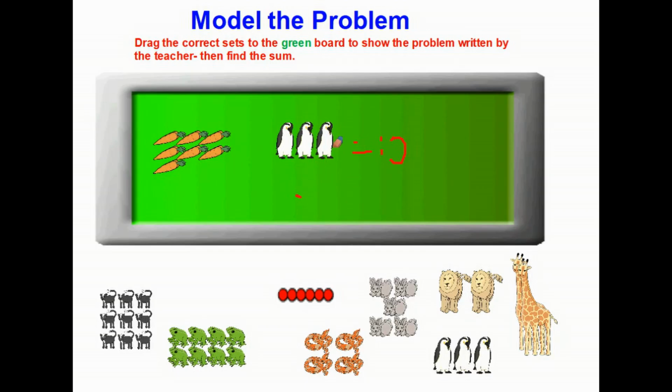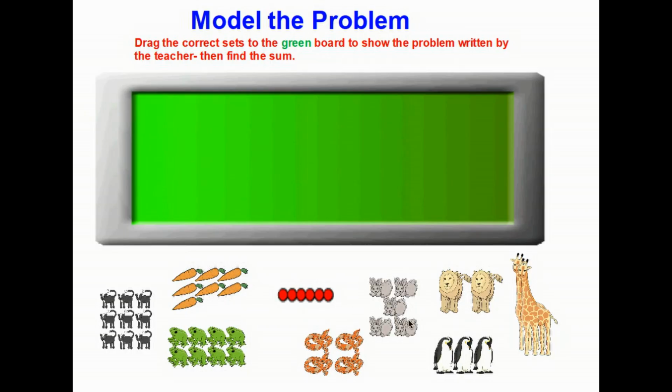Now let's do another problem. Let's change it. Again, let's say here you have 5 rabbits, and here you have 8 foxes.